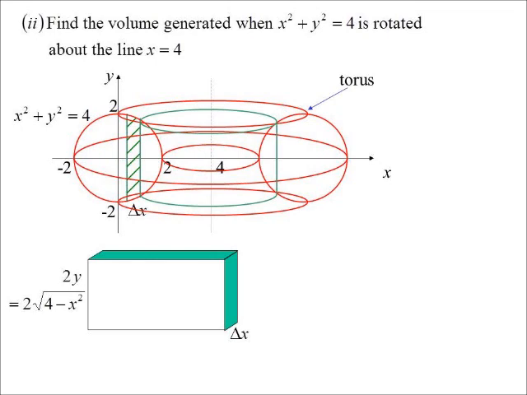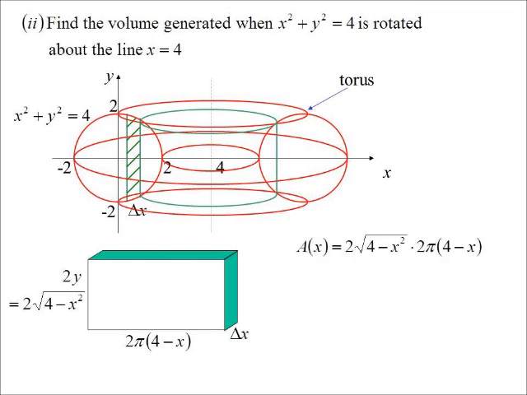It'll be 4 minus the x value, so we're going 2 pi the radius, 2 pi 4 minus the x value. So you're drawing from the axis to the slice, 4 minus whatever the x value is at that slice.